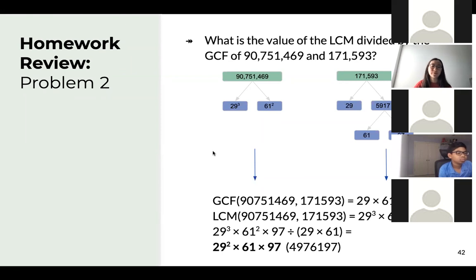Just send me a number, 1 through 5, 5 being I've got this all completely down, and 1 being I have no idea what prime factorization is. The answer to this problem is 4,976,197. You can see it at the bottom of the screen.